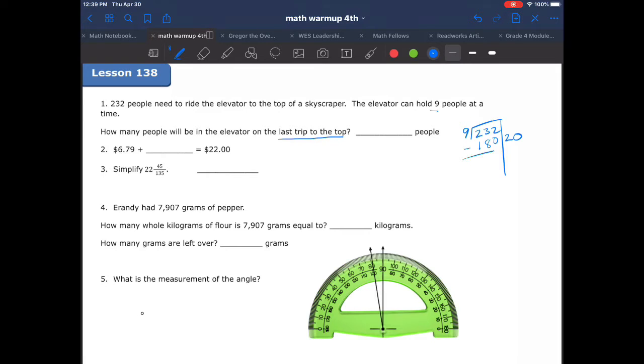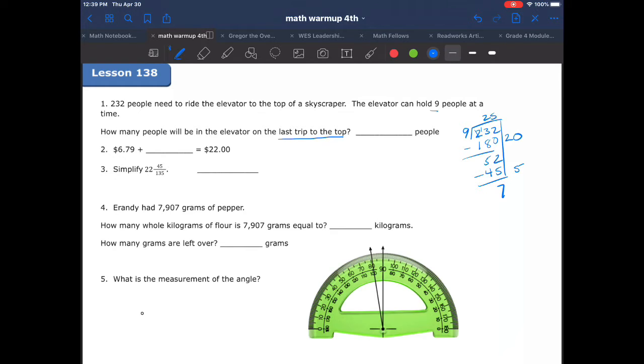Let me see, we could do 20 trips of 9 people. That would be 180 people on the elevator. So we've got 52 people left still wanting to ride that elevator. So another 5 trips on the elevator would get us 45 people with 7 people left. And that's less than 9.